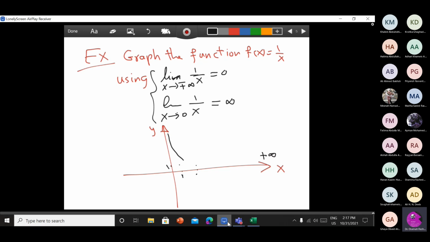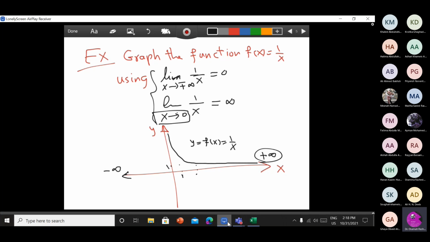So my function will be coming down until going very close to the x-axis. This is my function y equal to f of x equal to 1 over x when x goes to positive infinity. What about the negative side? When x goes to negative infinity, it will be 0 as well, right? But when x is very close to 0, it is infinity, right?